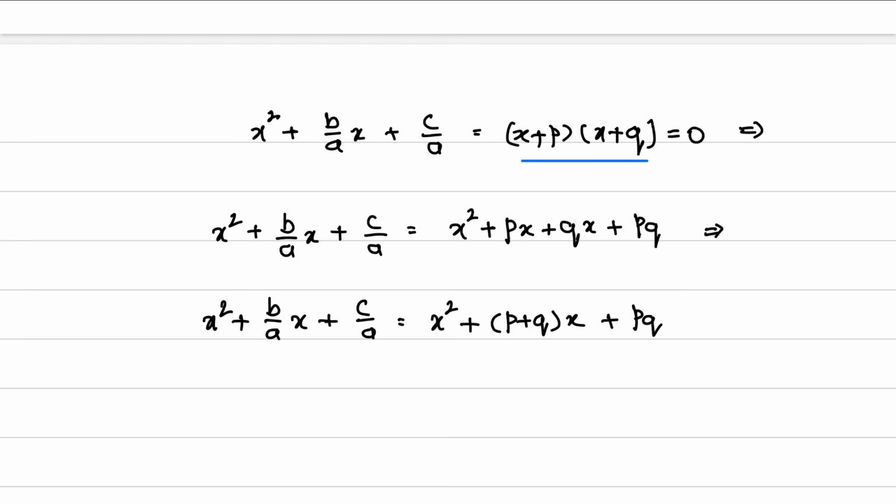Now you just see, there is an x square term here, x square term here. Compare these two, they are same. Compare the x terms, here b by a and here p plus q. Compare the constants, here c by a and here it is pq.